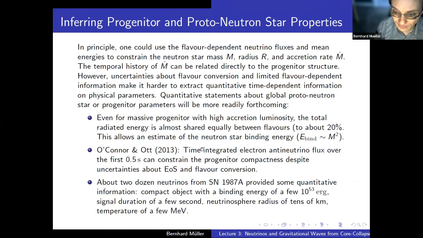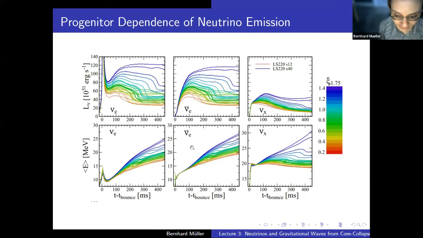Now let's look at that concretely. The progenitor dependence of the neutrino emission really can be huge. More compact progenitors, bigger cores, emit considerably more electron neutrinos and antineutrinos in particular. You see that very clearly.